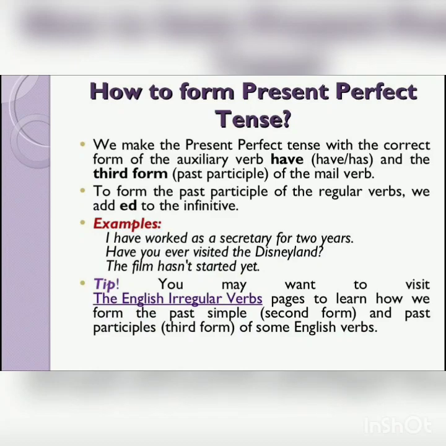Have you ever visited the Disneyland? The film hasn't started yet. In these examples, worked, visited, started are regular verbs, so we added ed to the infinitives. Tip. You may want to visit the English irregular verbs to learn how we form the past simple and past participles of some English verbs.